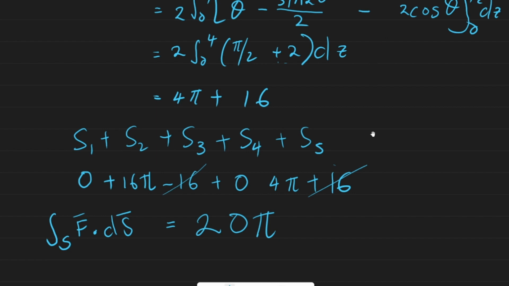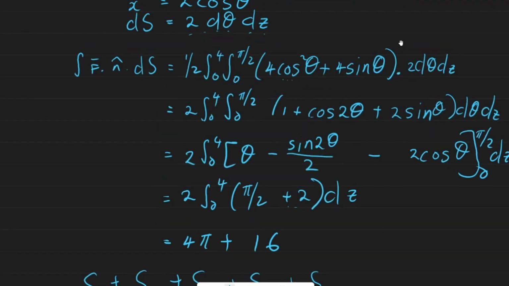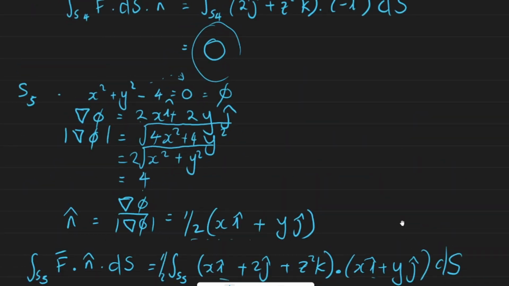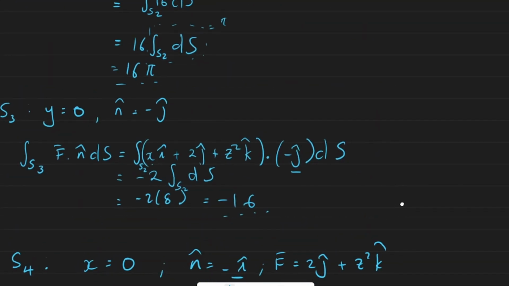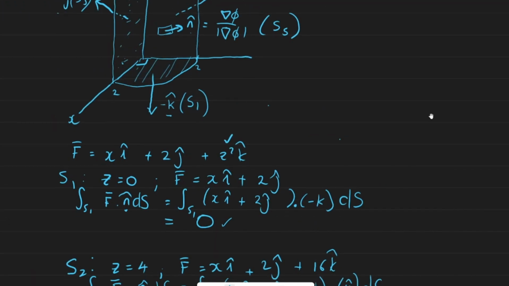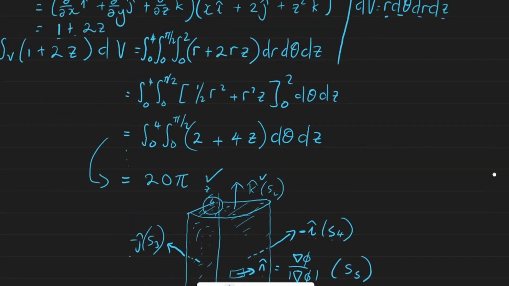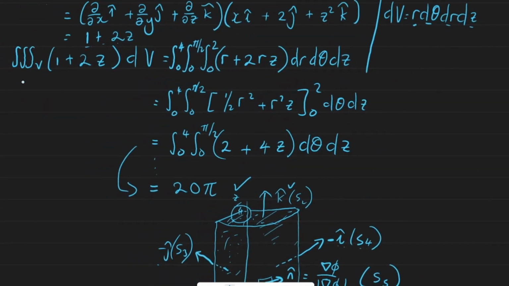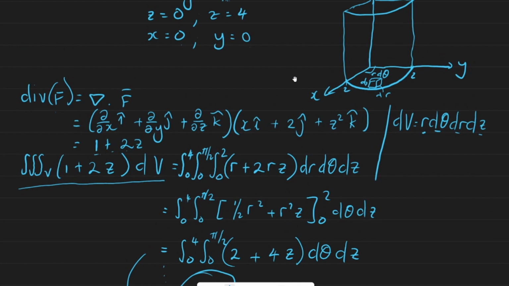So what did the divergence give us when we took the volume integral? We go up to where we had calculated it, and we see that this was our divergence, the volume integral, and it also gave us 20 pi. So this was essentially an application of the divergence theorem.